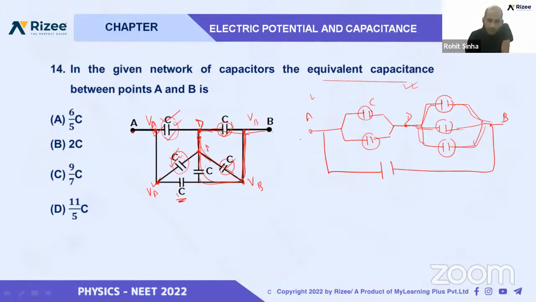One end is connected to A and the other to B, with no capacitor in between. So this capacitor is directly between A and B. I have drawn this. Solve it by taking the parallel combination, then series, and you will get the answer.